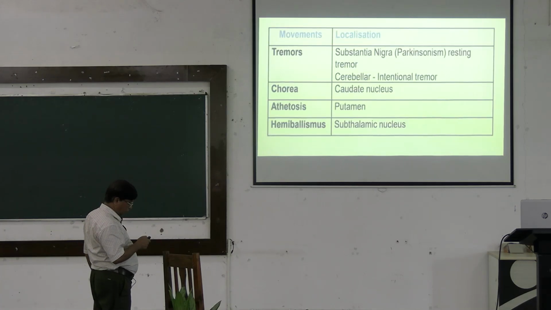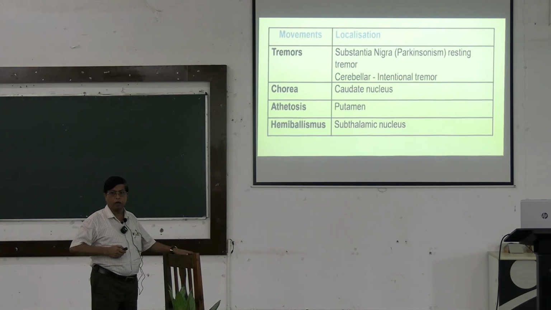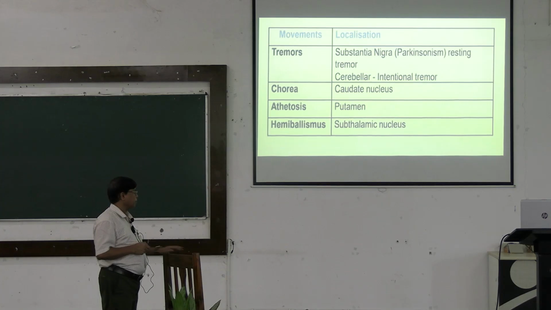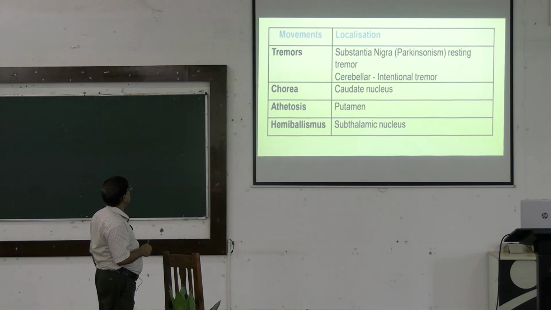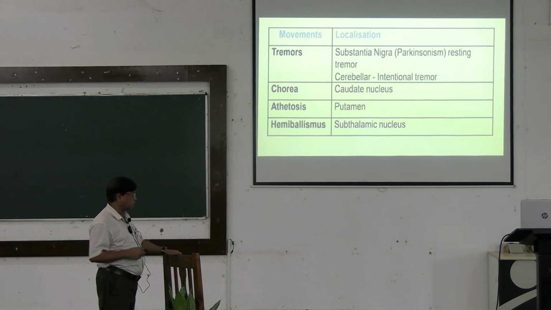Next slide is where the lesion is. Each involuntary movement has a specific lesion in the brain nuclei, like tremors. Tremors are usually divided into several types. We will come to details, but you should remember at least two types of tremors for your written purpose and also for your practical class purpose.